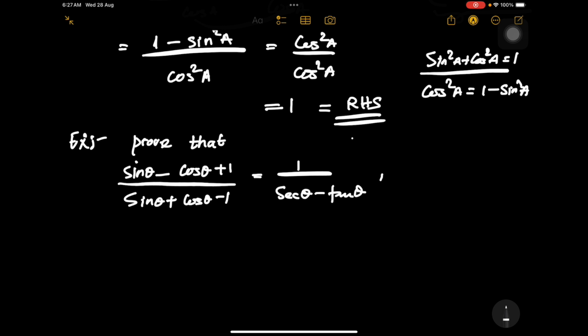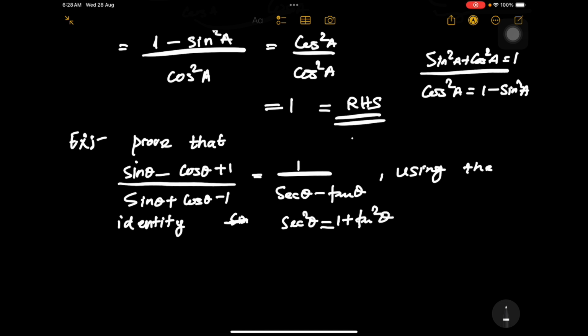You're going to prove this using the identity sec squared theta is equal to 1 plus tan squared theta. The second identity, we are going to use it to prove this one.